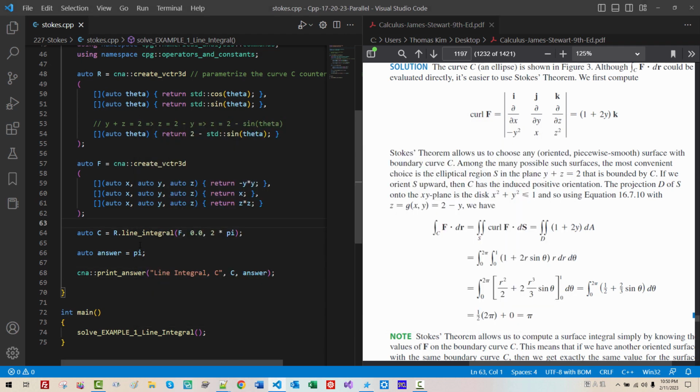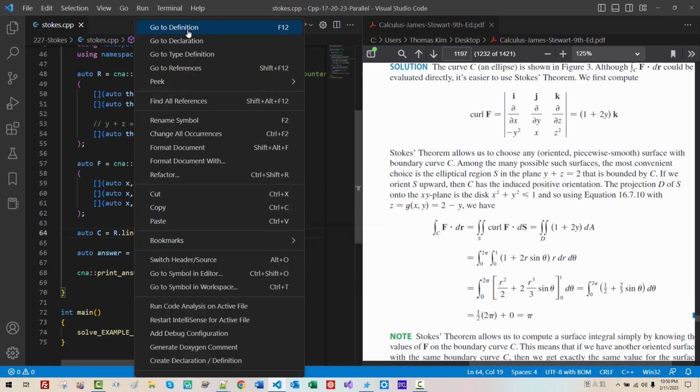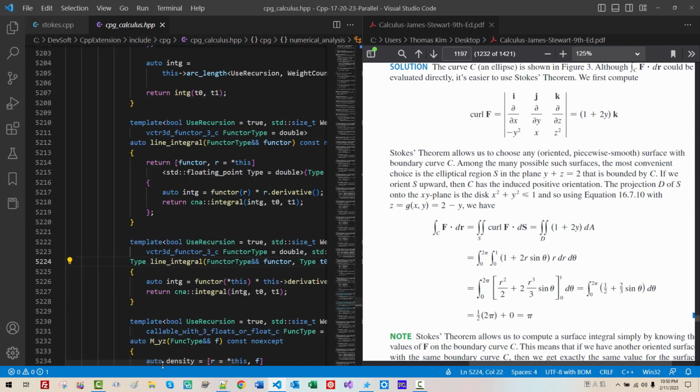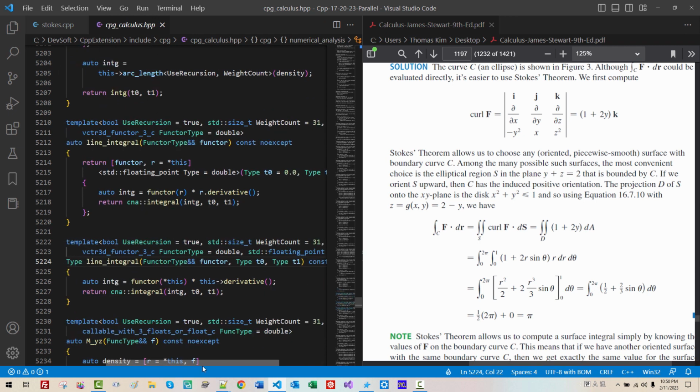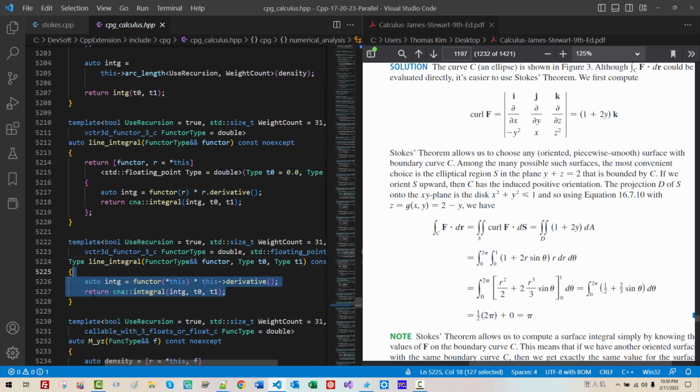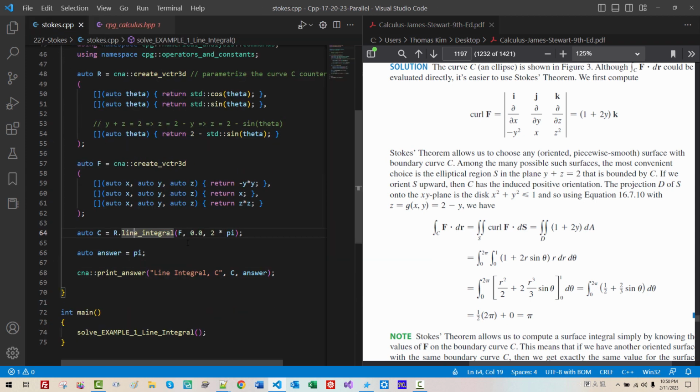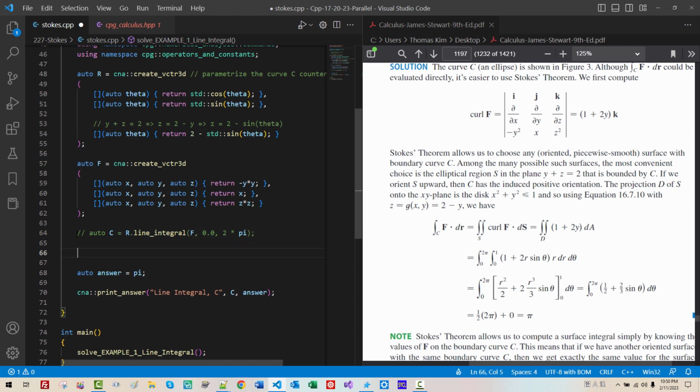If you do not understand how I implemented line integral, then right-click, go to Definition. Here, you can find the source code. If you don't understand, I will give you some explanation. This part can also be evaluated like this.